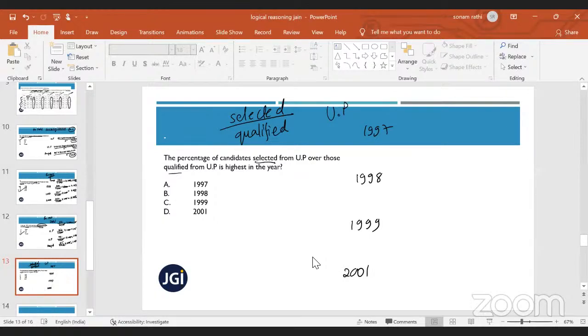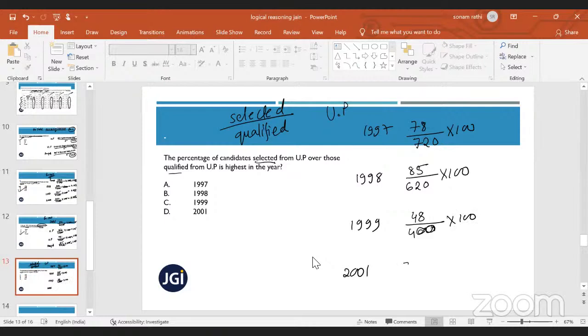For 1997, how many selected? 78 upon qualified 720 into 100. 1998, 85 out of 620 into 100. 1999, 48 upon 400 into 100.